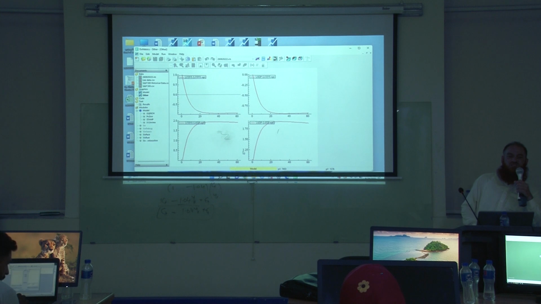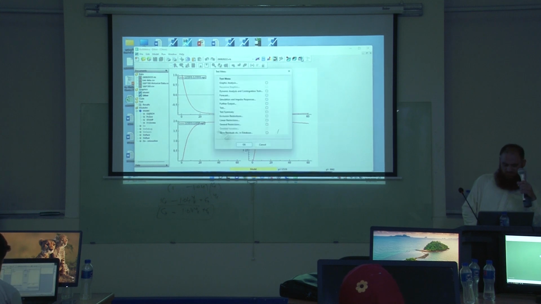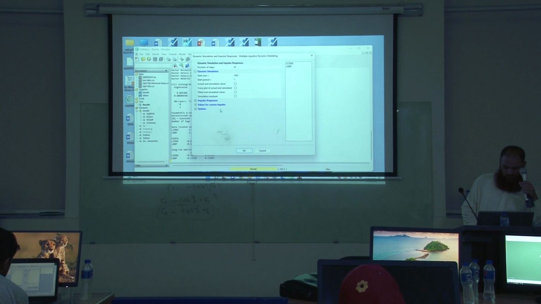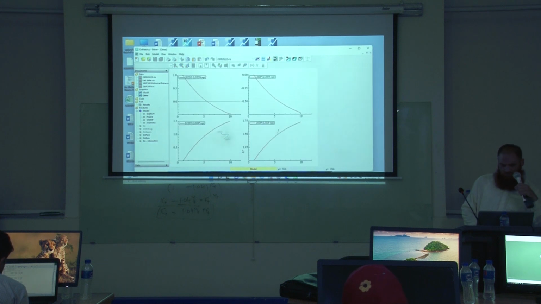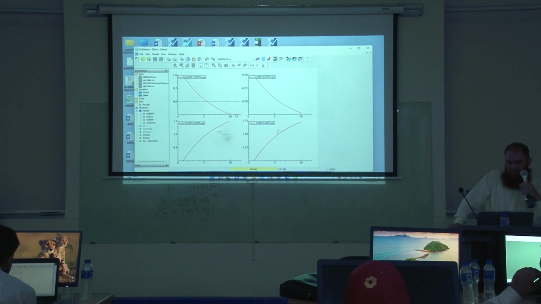You can reduce this time period if you want. Number of steps, I can reduce this to 10. This is your impulse response function.